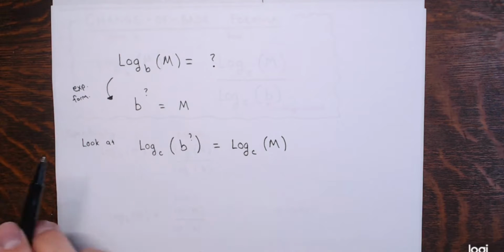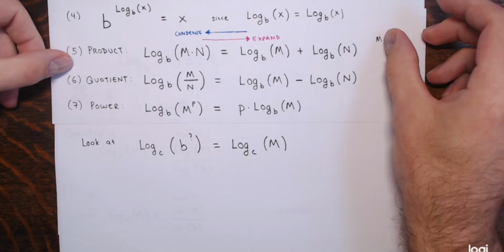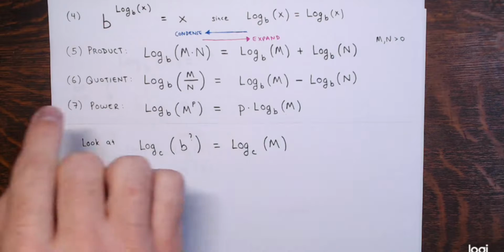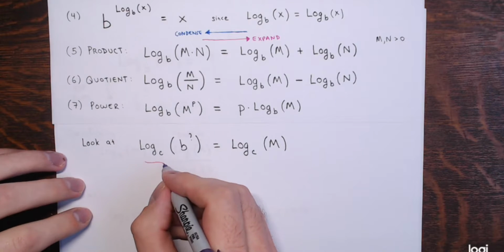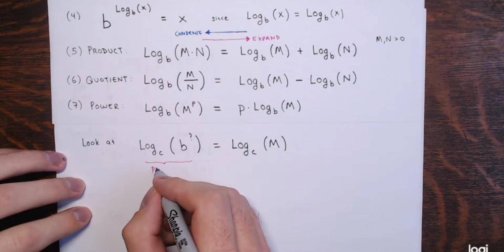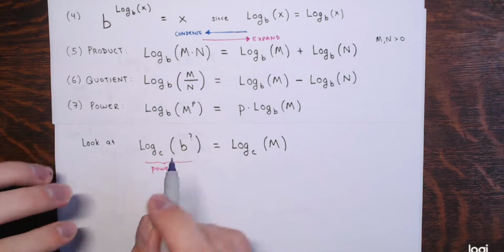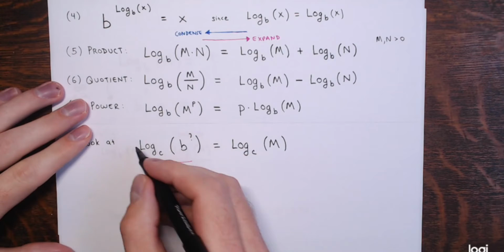And then I can apply the power property of logarithms. Now, I've written this out before in a previous video. These are the properties of logarithms: product, quotient. Remember, there was this power property of logarithms. I can apply the power property to this logarithm on the left side here. I have the log of something to a single power, this question mark power. Pull the question mark out.